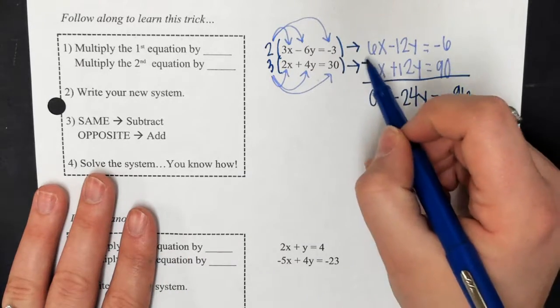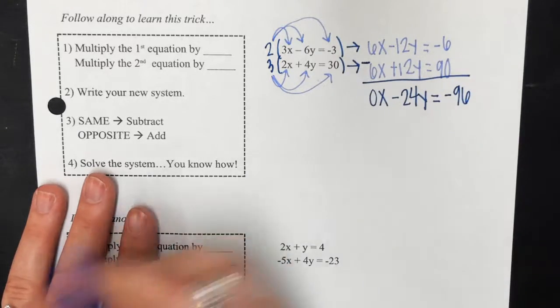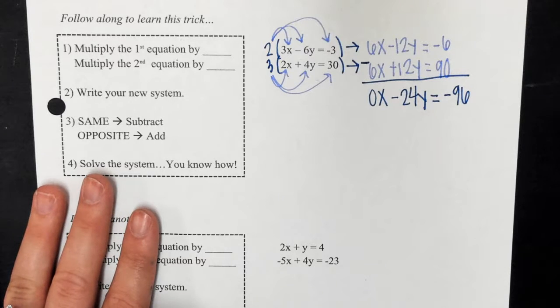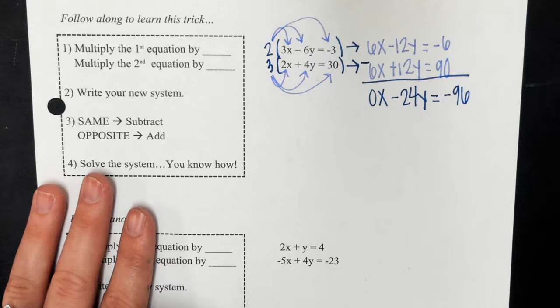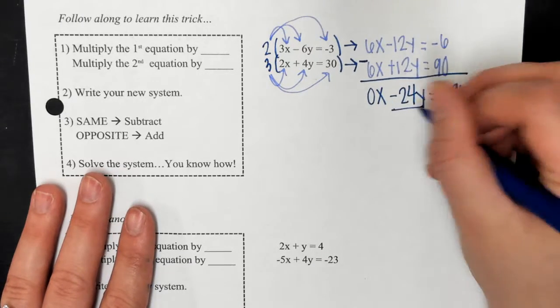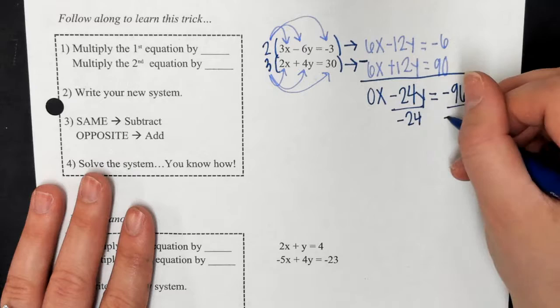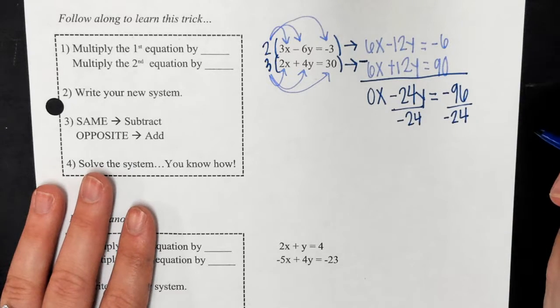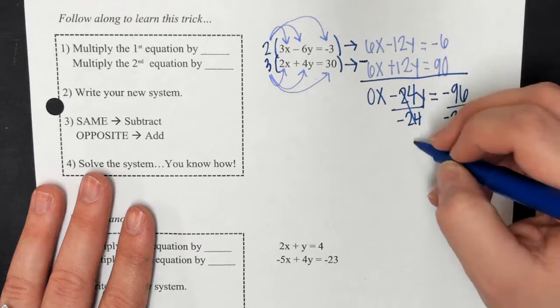Don't forget, you have to get back to the subtraction sign every time. It doesn't matter which way you go first. We do the same thing. Okay? Let's solve for y. I need to divide by negative 24. It equals 4.